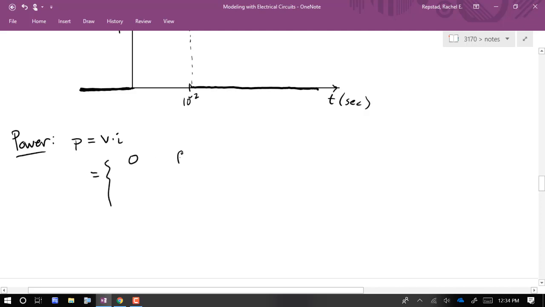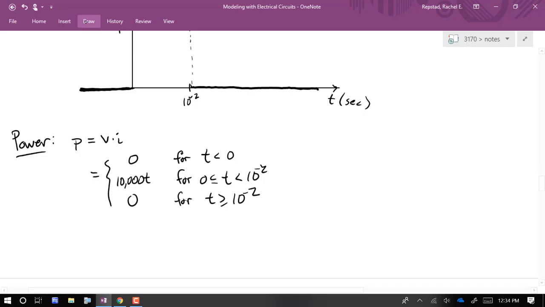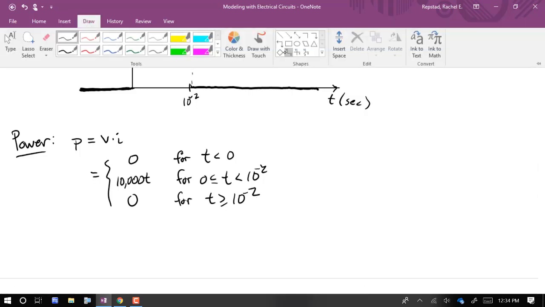And so that becomes 0 for t less than 0, 10,000 t between 0 and 10 to the negative 2, and then 0 for t greater than or equal to 10 to the negative 2. This is fairly simple to graph.